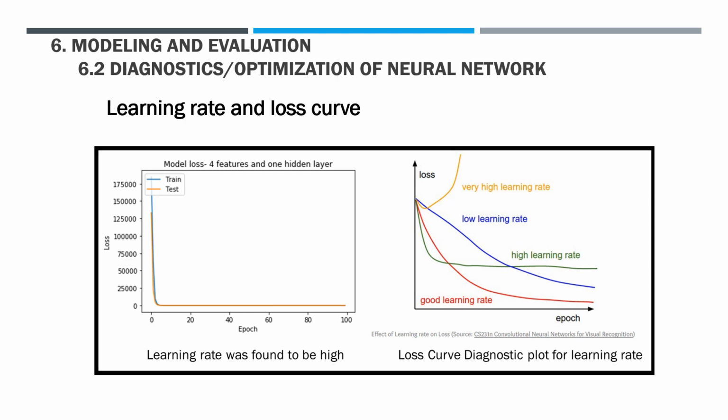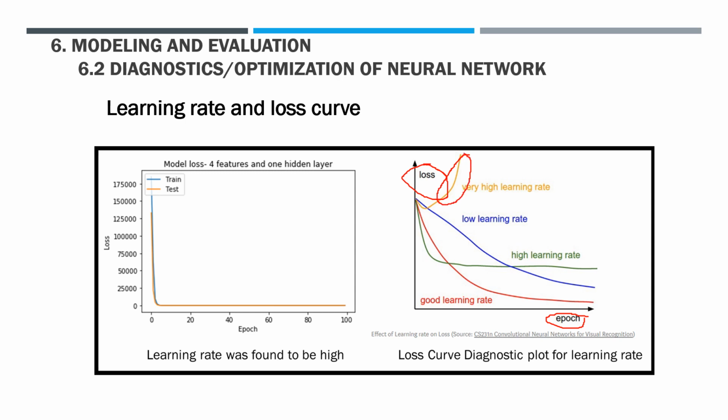So what is a loss curve? It's just loss plotted against the number of epochs. And as you can see, if the learning rate is too high, the model will never converge to the desired outcome. It's indicated by this curve.